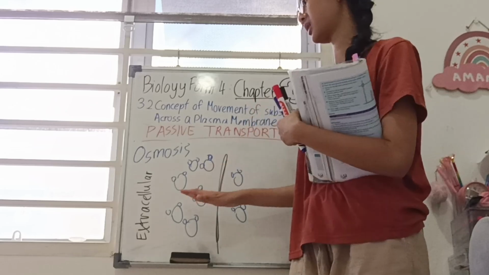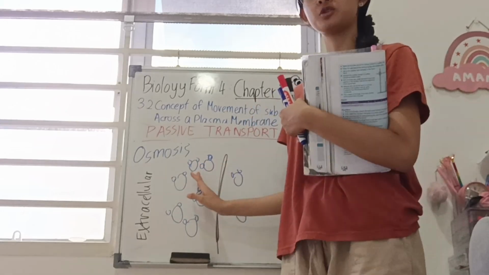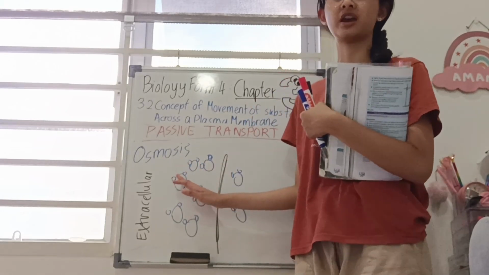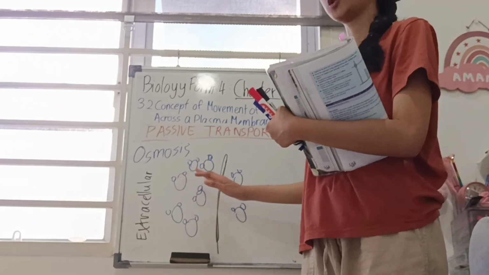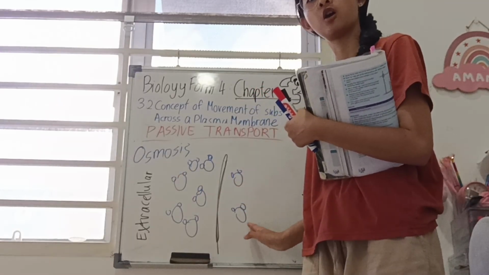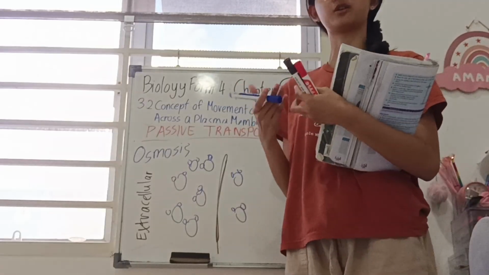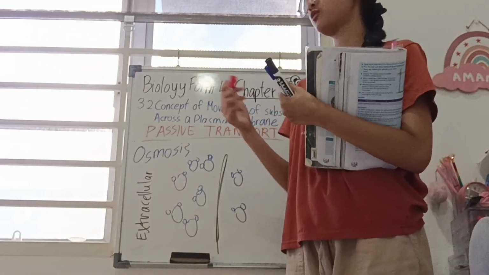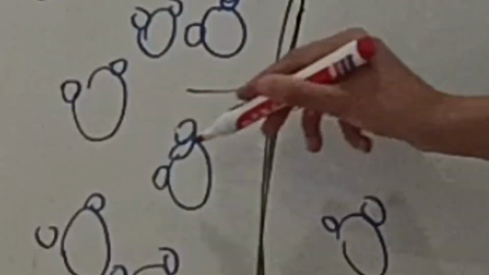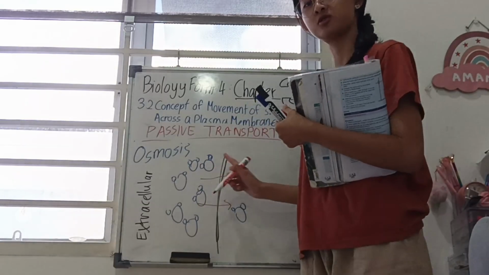Basically, it's water molecules moving from a high concentration of water to a low concentration of water. There's more here, there's less there. They want to reach the dynamic equilibrium, so they will move through the plasma membrane from high to low.